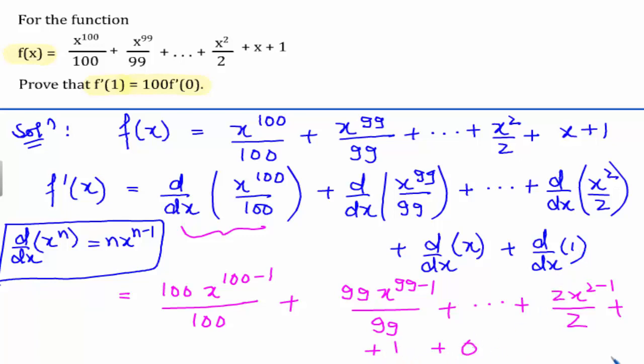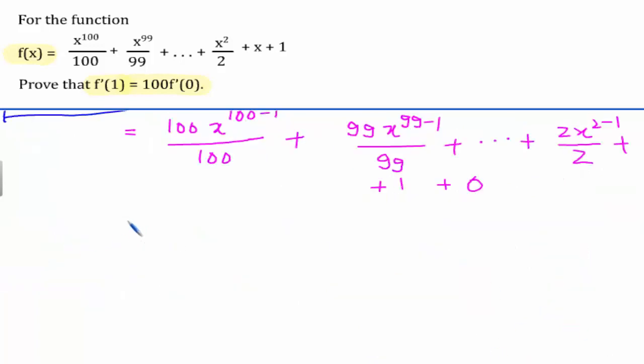Thus this is further equal to, cancelling 100 with 100, we have x raised to the power 99, plus, cancelling 99 with 99 from the numerator and denominator, which is the common factor, we have x raised to the power 98, plus so on.